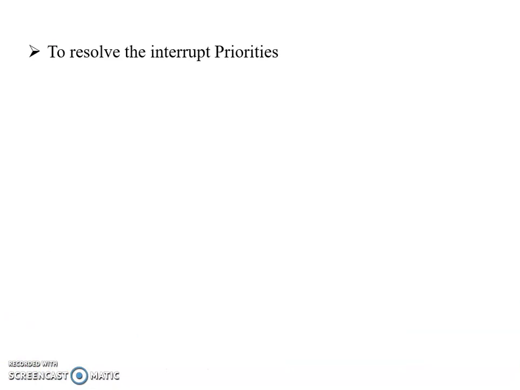Next thing, we use 8259 because it resolves the interrupt priorities. So total 8 interrupts are there. Suppose 8259 can manage 8 interrupts. So IR0 has higher priority and IR7 has lower priority. It is by default. But you can alter these priorities with the help of priority schemes, to mask or unmask the interrupts.